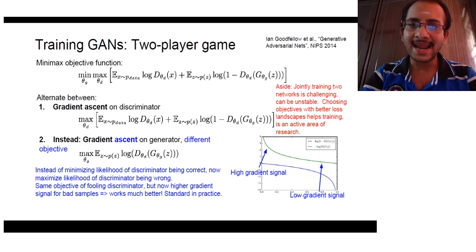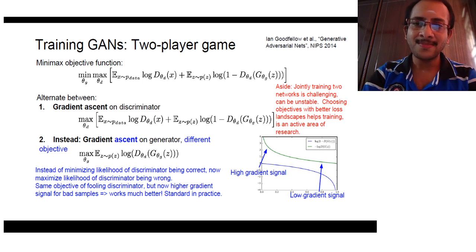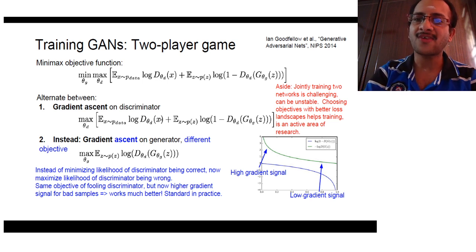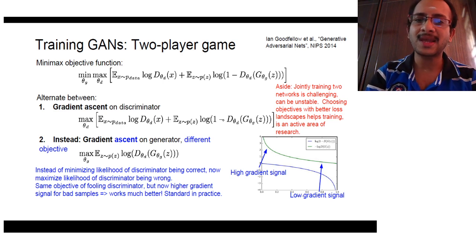As you can see in this slide, there are two objectives that the GAN framework has to optimize. One is with respect to the discriminator. The discriminator network, as discussed before, tries to maximize the probability of the real sample, bringing this close to 1, and tries to minimize the probability of the fake sample, that is D of G of z, the generated sample, and tries to bring it close to 0.